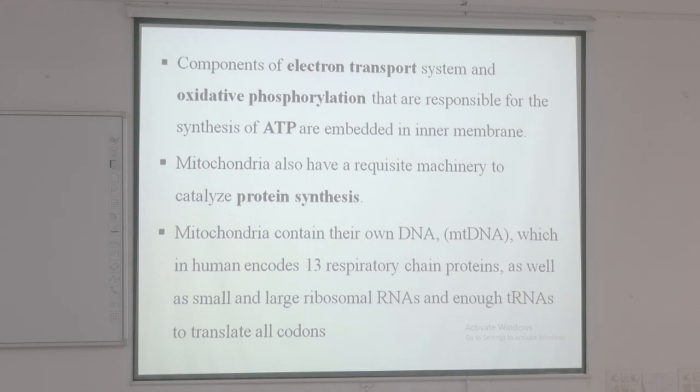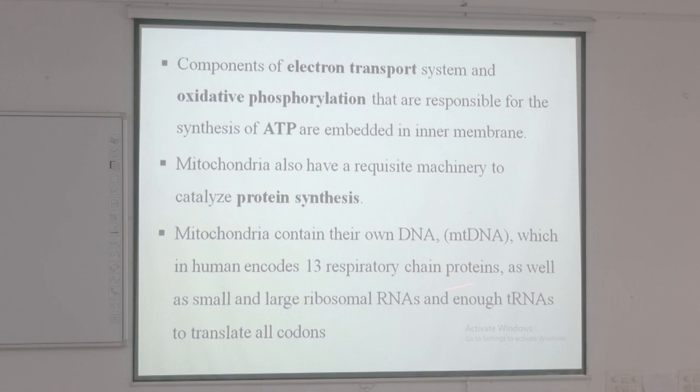Okay. Components of transport systems and ATP synthase are embedded in the inner membrane. Mitochondria contain their own DNA, which codes for codons and different functions.